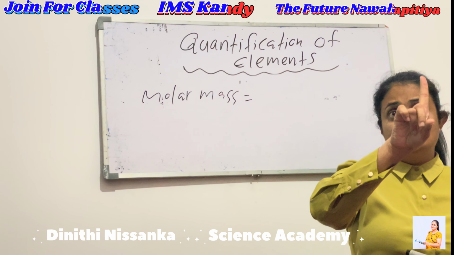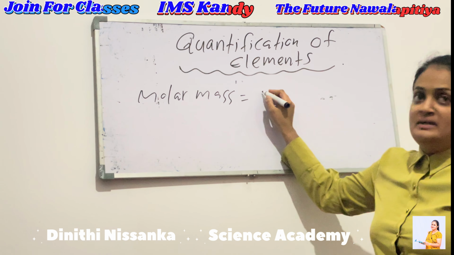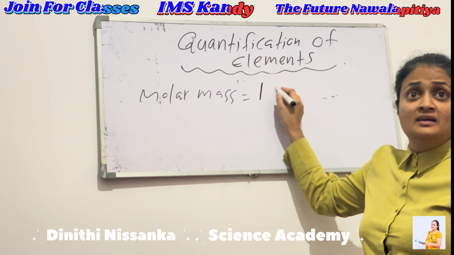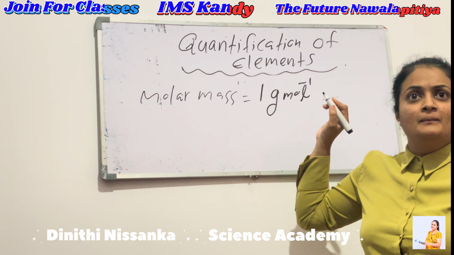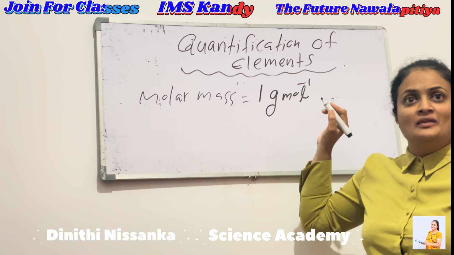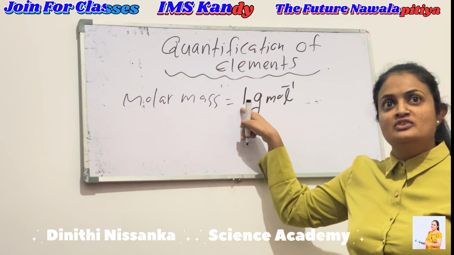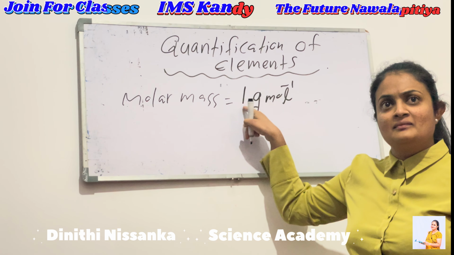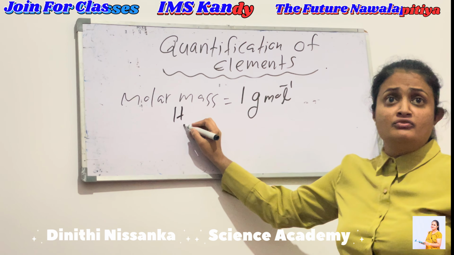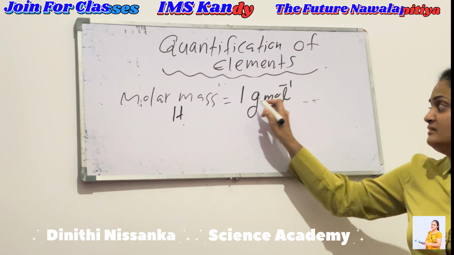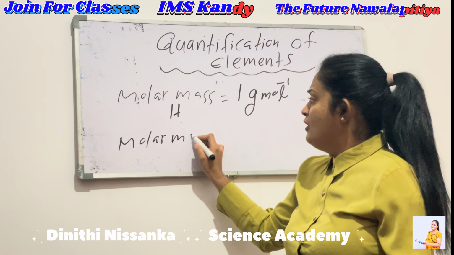For the hydrogen element, it is 1, right? Then molar mass is written in gram per mole, no? Why? 1 mole consists of 1 gram. For hydrogen, therefore the unit is gram per mole, right? Then the other one, molar mass of oxygen.